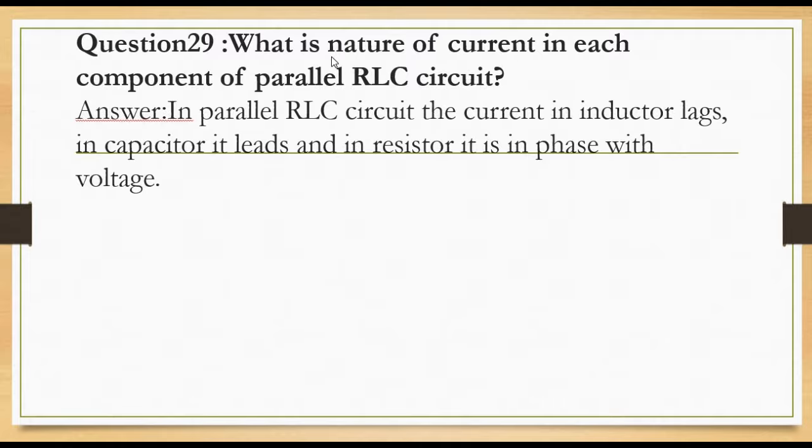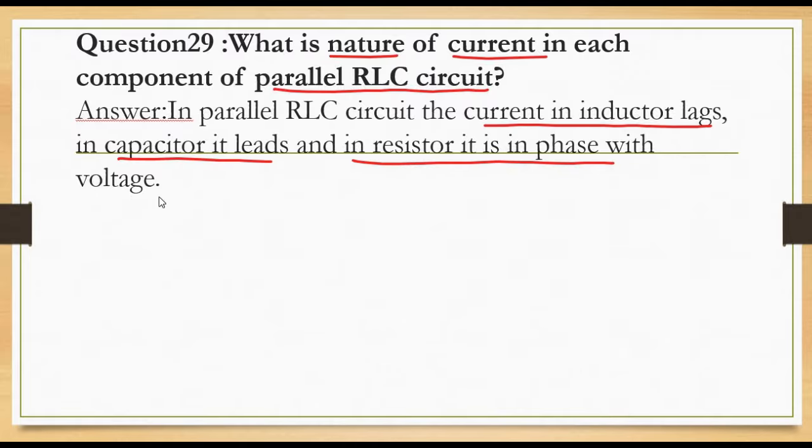Next question is, what is the nature of current in each component of parallel RLC circuit? In parallel RLC circuit, the current in inductor lags, the current in capacitor leads, and in resistor it is in phase with voltage.